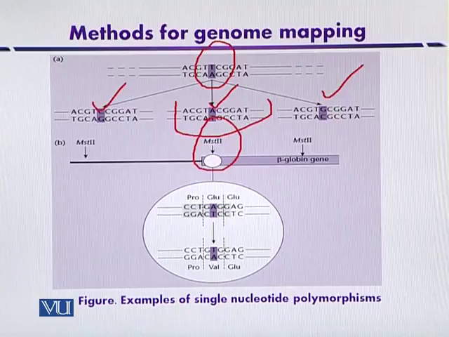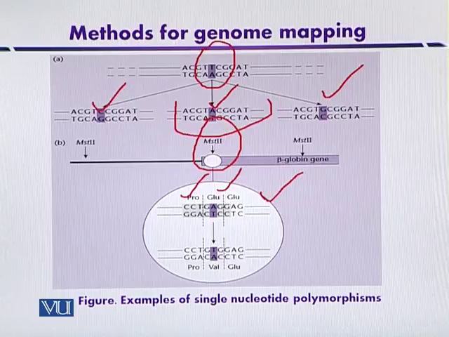Like here in the lower diagram, which is diagrammed in a circle, a 3 amino acid sequence has been shown: proline, then glutamic acid, and here A is replaced with T. Here in the lower strand, T is there in place of A, so that now in place of glutamic acid there is valine in the center.